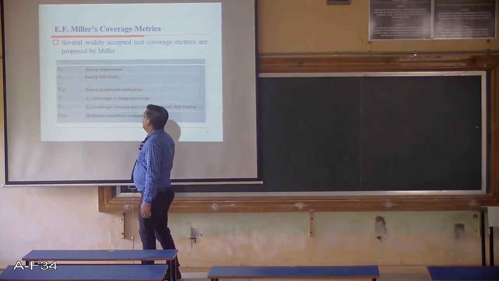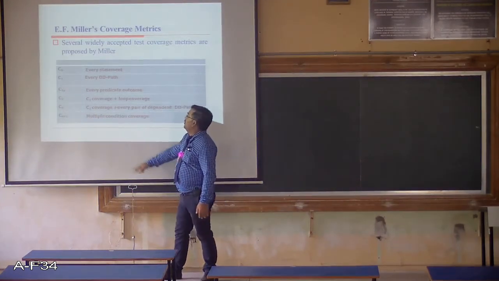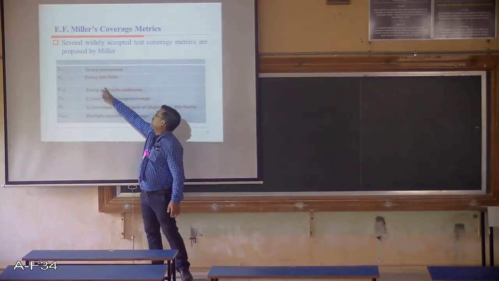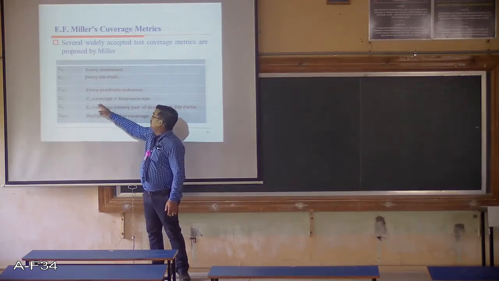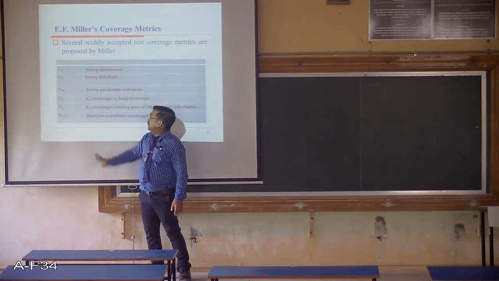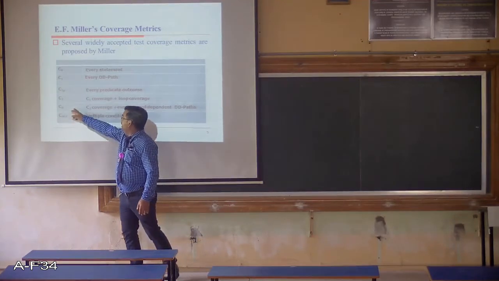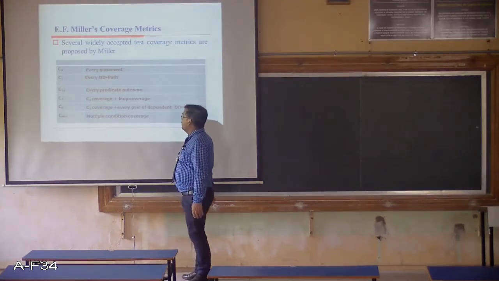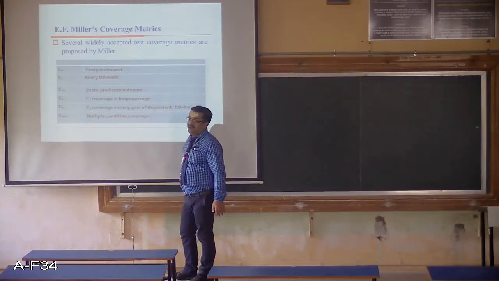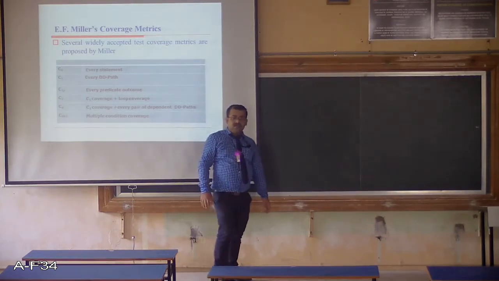C2 is for every DD path plus loop coverage. C1 coverage means DD path coverage, so DD path coverage plus loop coverage indicates C2. Similarly, CD indicates DD path coverage plus every pair of dependent DD paths.